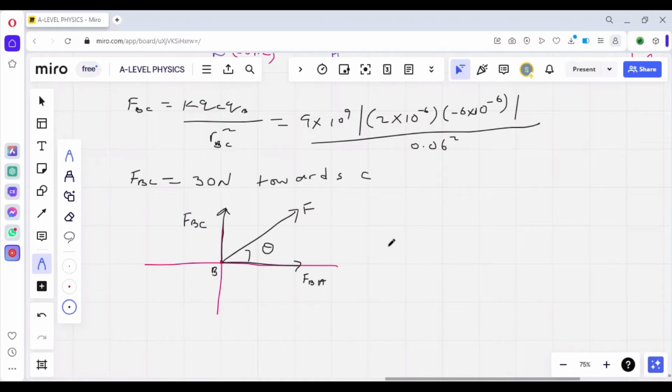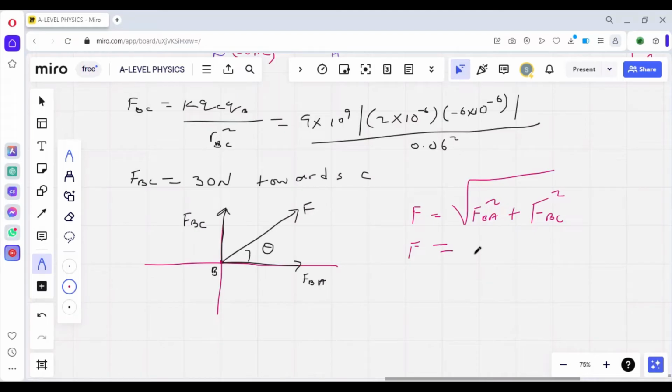So let us compute for F. Okay, again using Pythagoras theorem. Now this is simple. Since we have the x and y components of F, F is the square root of FBA squared plus FBC squared. So what will be F? Let us compute.